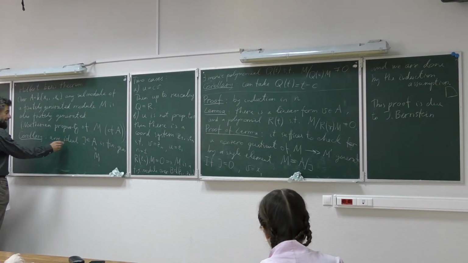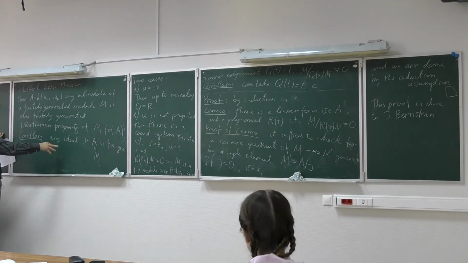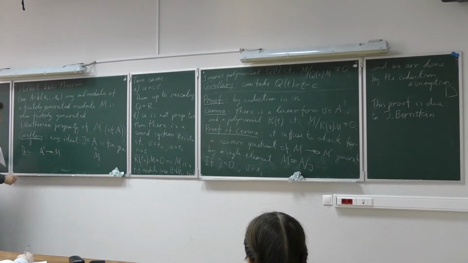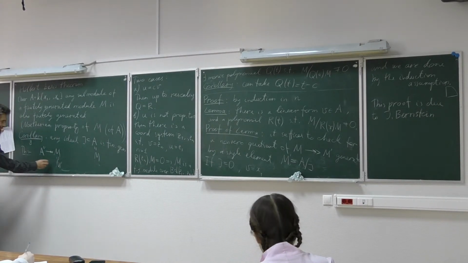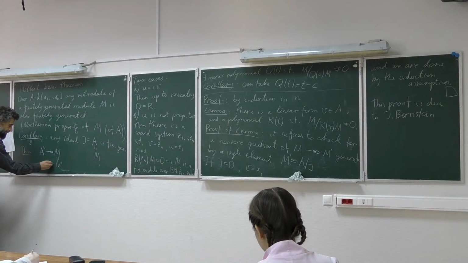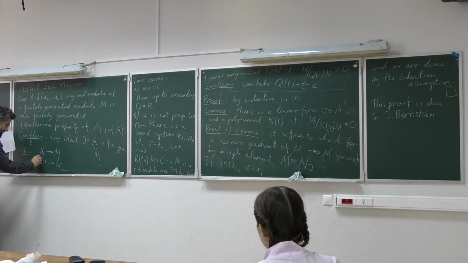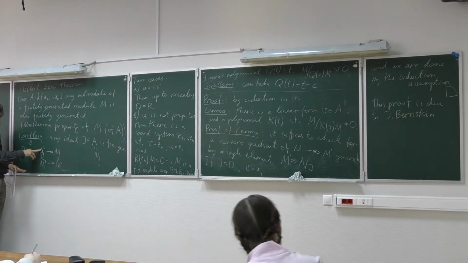Fine, but in fact it is equivalent to the statement, because any finitely generated module is a quotient, as we have a surjection from A to some power onto this module M. If we have some submodule M prime, then we can take its pre-image here, let's call it M prime tilde, but then it will be reduced to the sum of ideals.